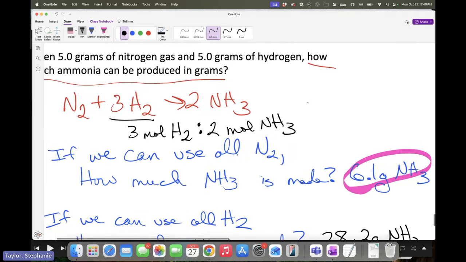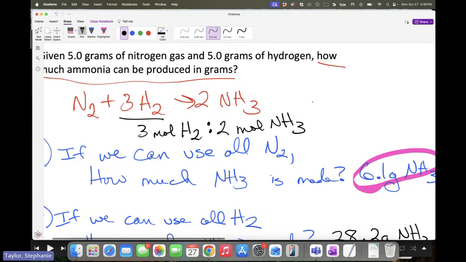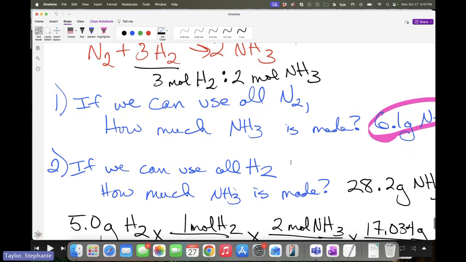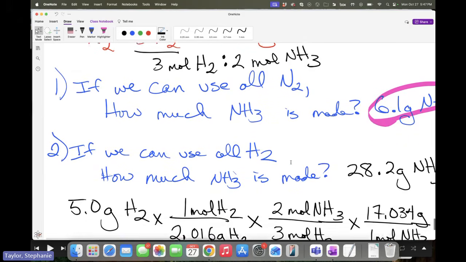So the question asks just how much ammonia can be produced in grams, and that answer is going to be that same 6.1 grams, because nitrogen here is the limiting reactant. But we only know that because we checked and looked at how much ammonia can be made from nitrogen and how much ammonia can be made from hydrogen.